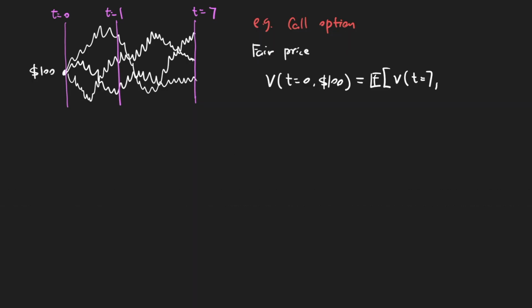But the stock price is random, so we denote that as X capital T. And here, we actually don't need to consider the conditional expectation. We can just write the ordinary expectation. So this price is not random.